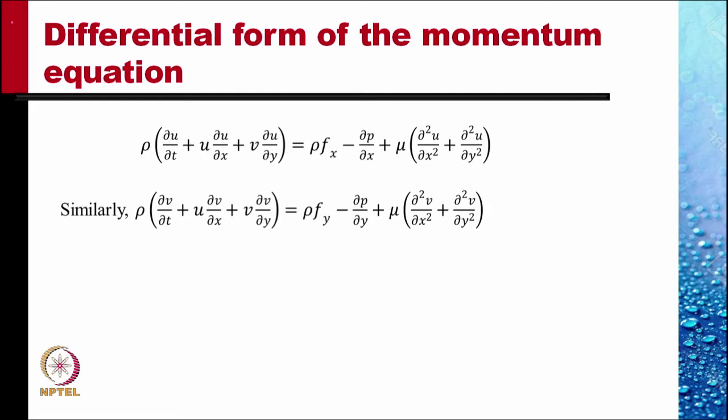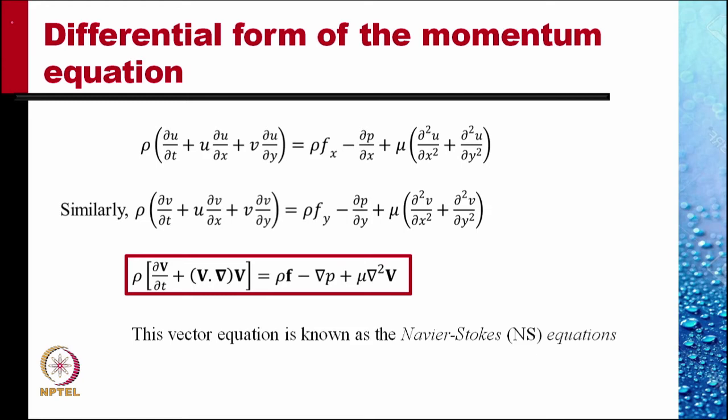We could combine these equations into a vector equation, and the vector equation would be rho into dv by dt plus v dot del v, where del operator is i times del by del x plus j times del by del y plus k times del by del z, is equal to rho f minus del p plus mu del square, the Laplacian of v.